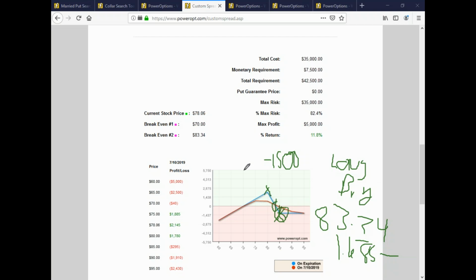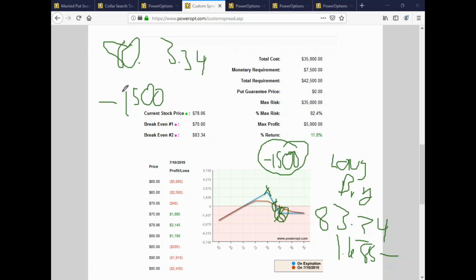So the stock's at 83.34. Your 80 calls are going to be worth 334, or you end up being short 1,500 shares. Okay, so let's say you were short 1,500 shares at that point, Darrell. You got assigned early and you're short the 1,500 shares, remember, at 80.